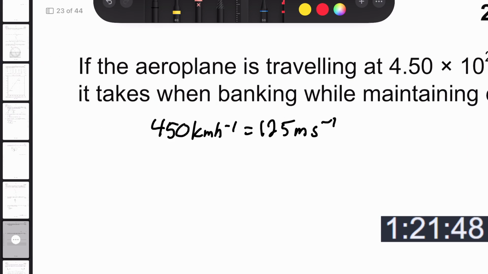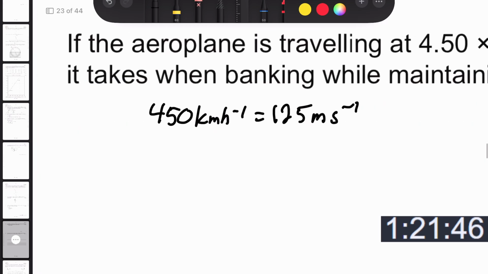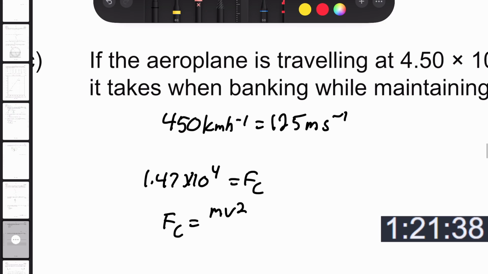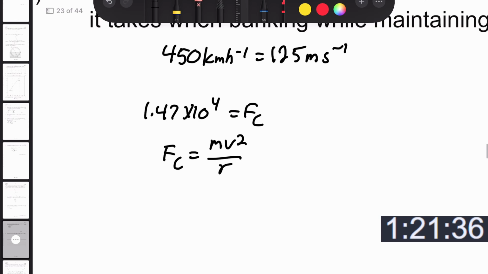So then we know that 1.47 times 10 to the power 4 is my centripetal force, but FC is also equal to mv squared over r. So 1.47 times 10 to the power 4 is equal to mv squared over r.